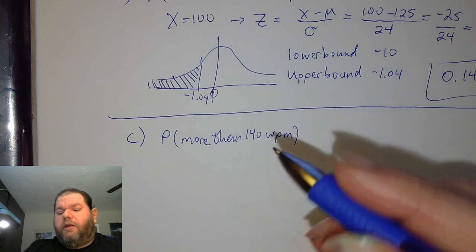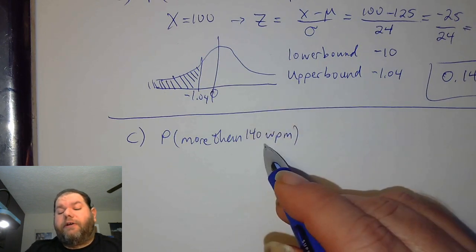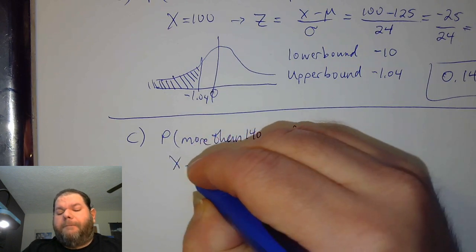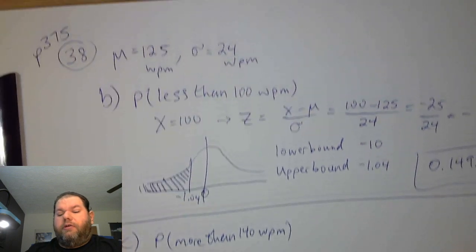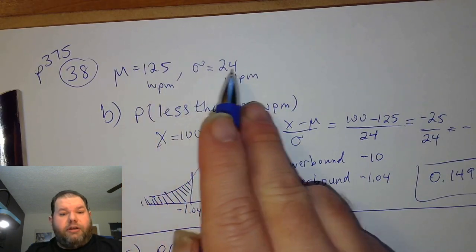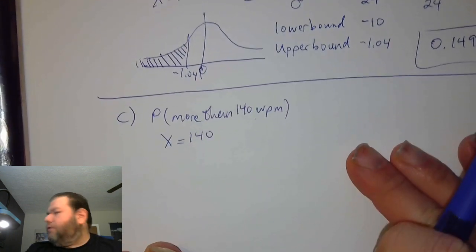Okay. So whatever value they give us here, this is our x value, so we'll use x equals 140, because the mean and the standard deviation are certainly given to us in the original description of the problem.